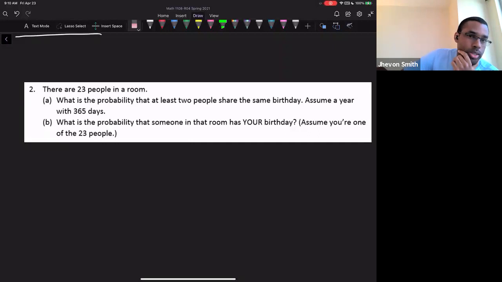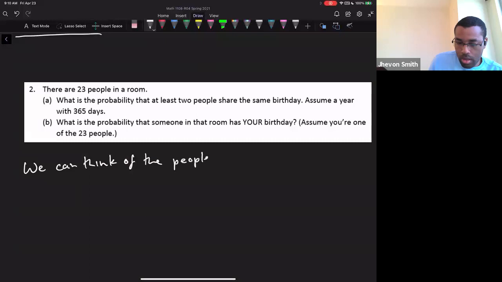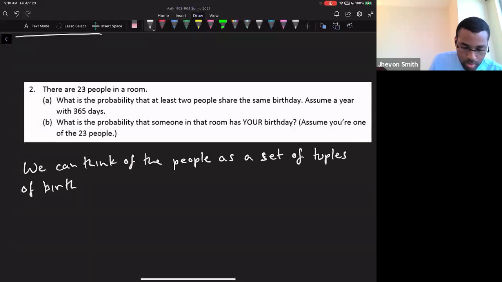There are a couple ways you could do this. So one, what I would say is because we can allow repeats, we can think of the people as a set of tuples of birthdays, 23 tuples to be precise.